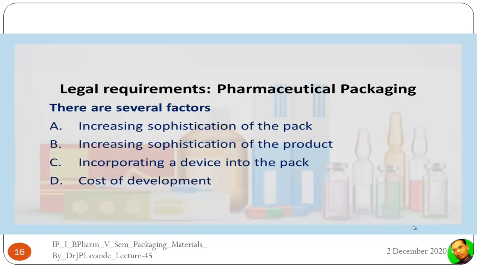The very first one is the increasing sophistication of the pack. Second, increasing sophistication of the product. Third, incorporating a device into a pack. And fourth, the cost of development.